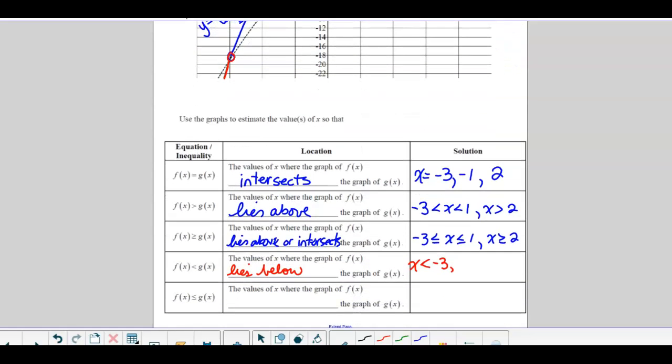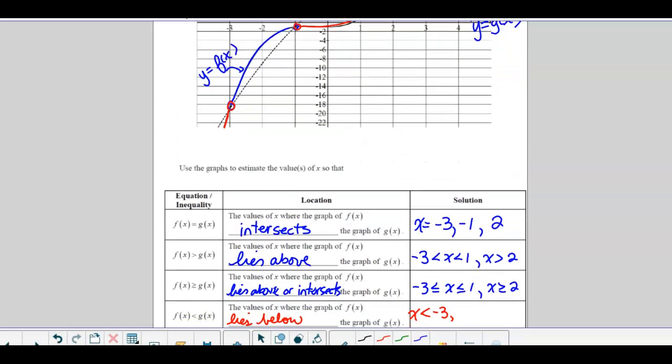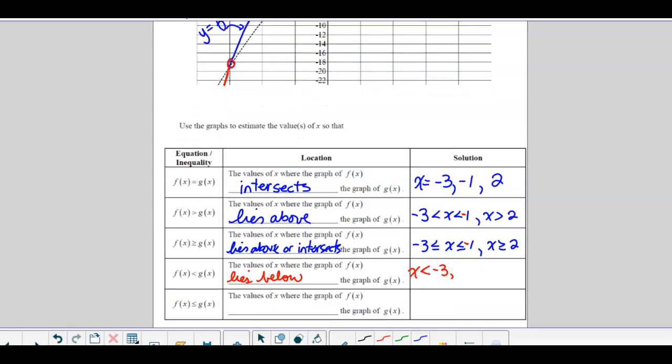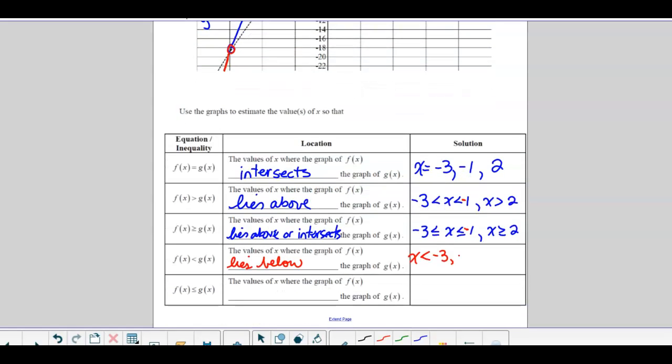Oh, you know what I did here? Did I put +1? Yeah, this should be -1 here. So just put in that. And then from -1 to +2.